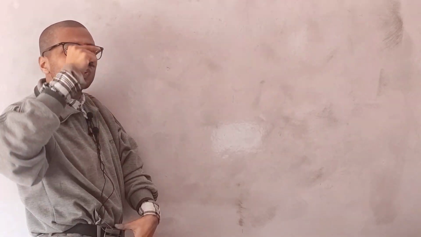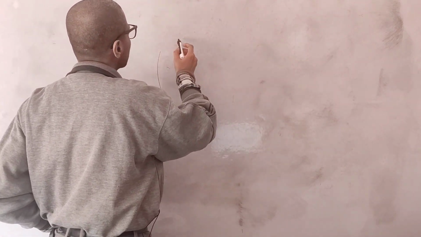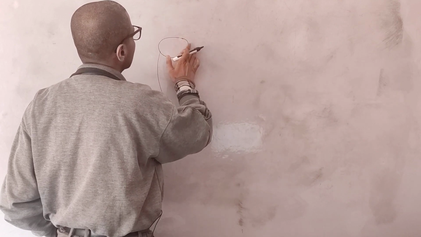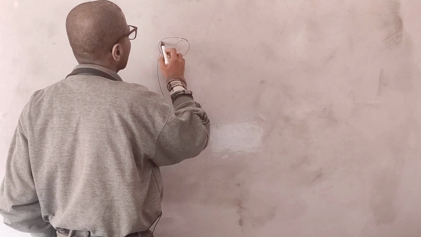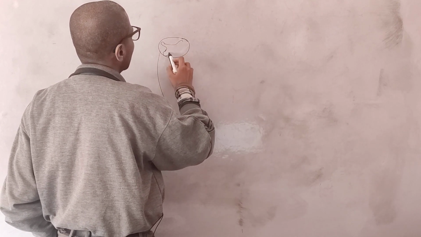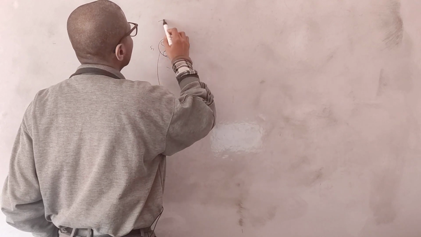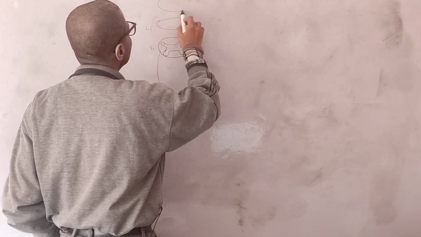Through the tibial nerve it goes to the sciatic nerve, and through the sciatic nerve it goes to the spinal cord. Let's imagine this is the cross section of a spinal cord. This is the posterior horn, this is the anterior horn, and this is at S1 level. Let's imagine this is at L5 level, and this is at L4 level.